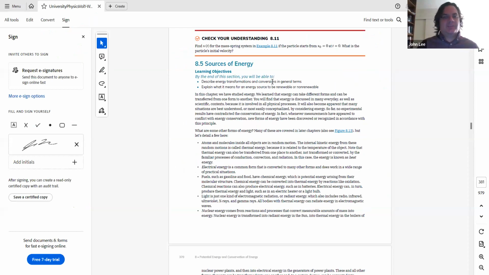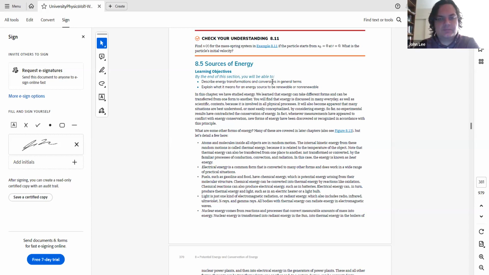So sources of energy, in addition to the mechanical energy that we've been talking about, potential energy and kinetic energy, there are also different types of energy. Thermal energy is the atoms and molecules inside of objects moving around by themselves. This is related to temperature. We have electrical energy, which is based on electromagnetic force.